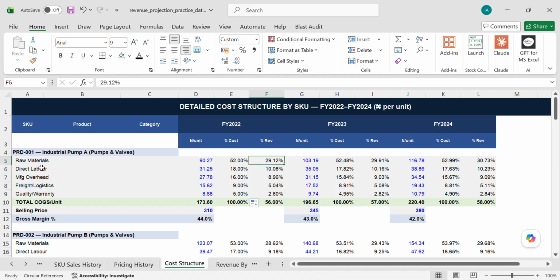Right? So cost of raw material here is 29%, so 29% of our revenue has been eaten up by our raw material, and also down to the revenue. That means over 56% of the revenue has been taken up by cost of goods sold.